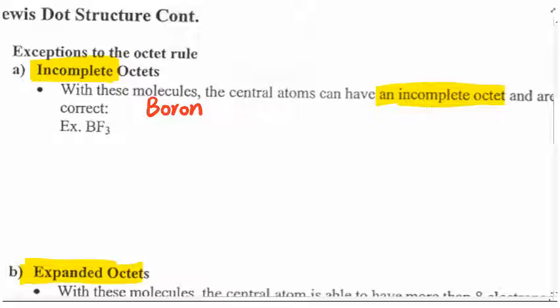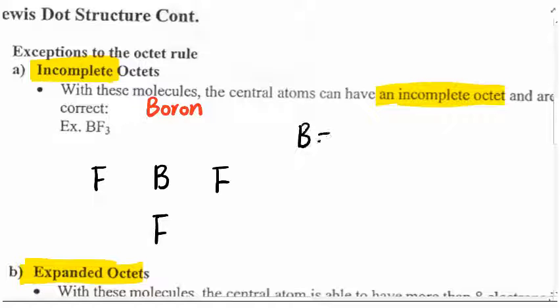And we're going to take a look at this example here, BF3. So we're basically using the same method we learned last class. Okay, step number 1, place the central atom in the middle, the single one in the middle, and then the other ones go around it. Step number 2, count up the valence electrons.